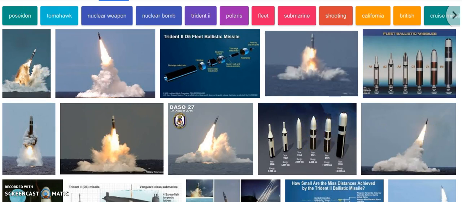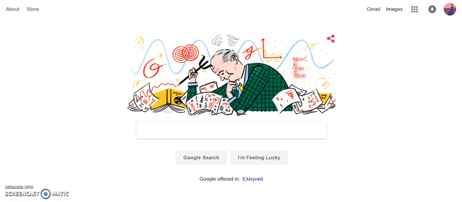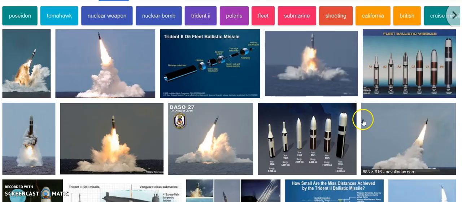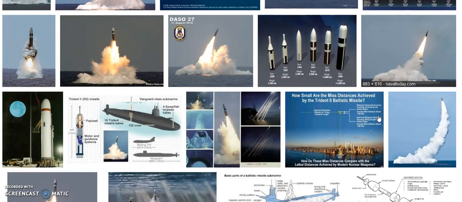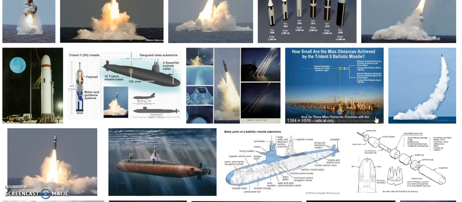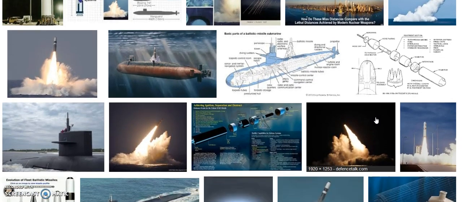So I think it's clearly trying to depict a ballistic missile here, the Trident. And I'll just go through a few more of these images over here so you can see what it looks like.